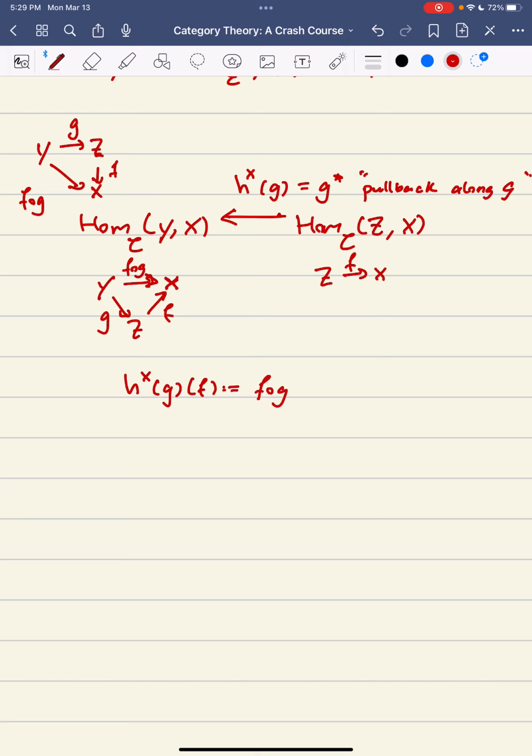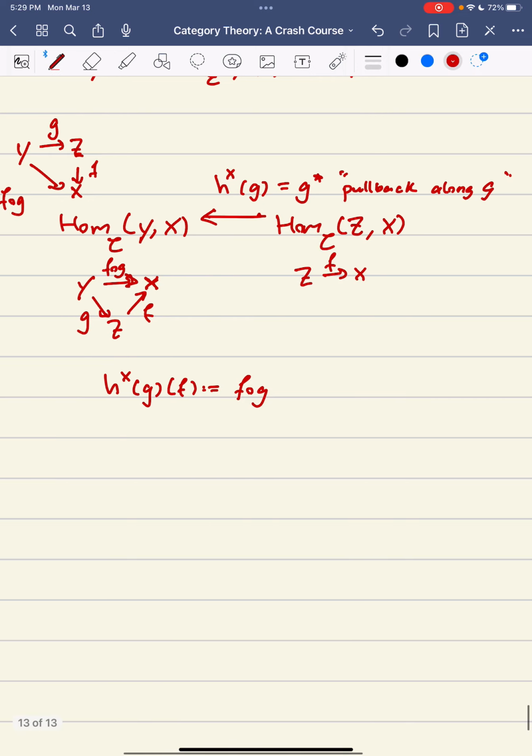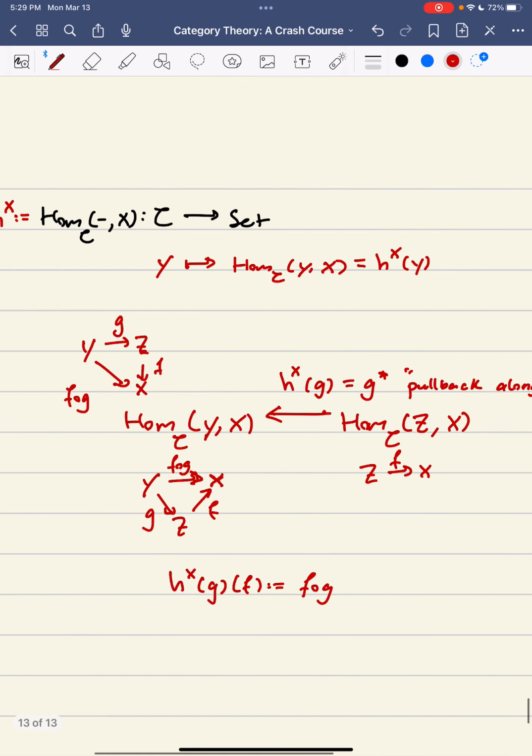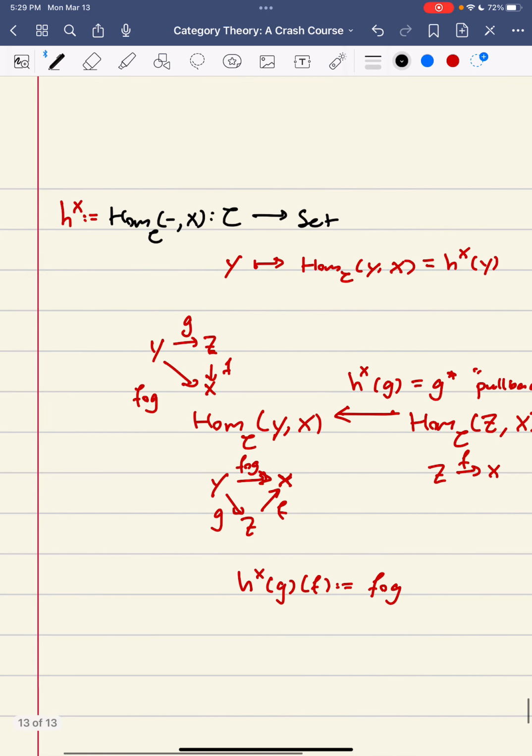And since I reverse the order of my morphisms, this is actually a functor that goes from the opposite category.